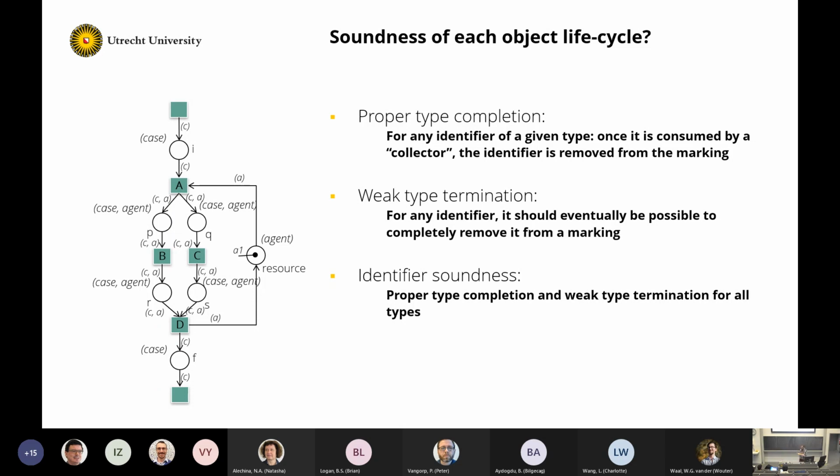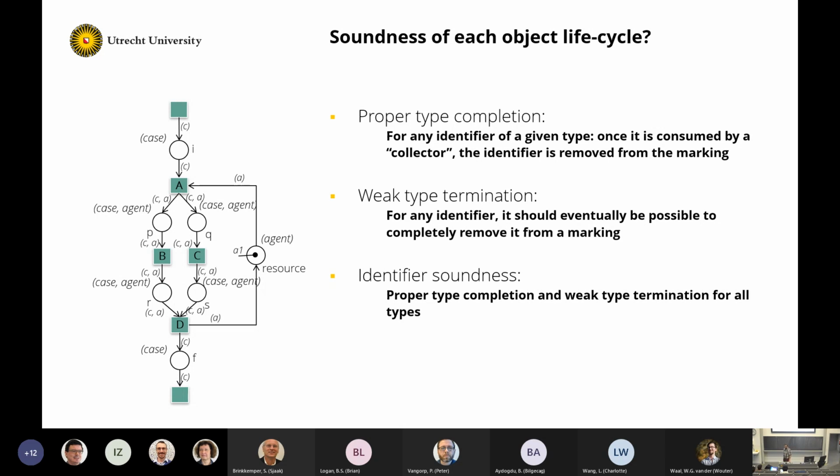If there's a collector, then this property should hold. Then it can't be removed, because that's in the definition of a collector. It removes. And then they will be in any state because you don't remove them.